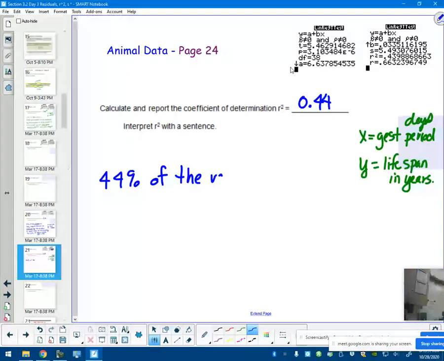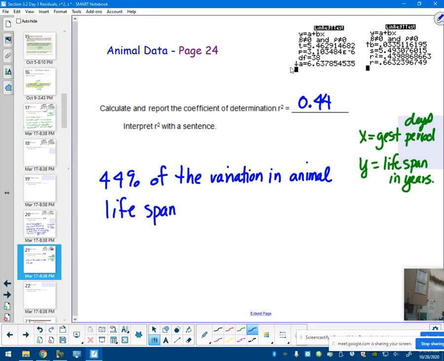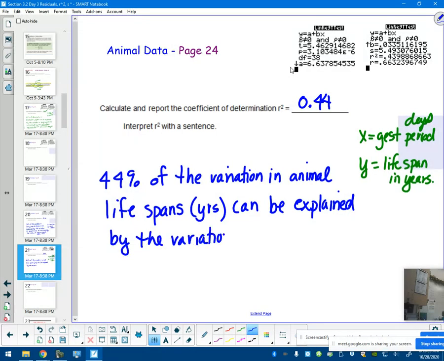The variation in animal lifespans. 44% of the variation in the animal lifespans in years, I'll put, can be explained by the variation in gestation period in days.